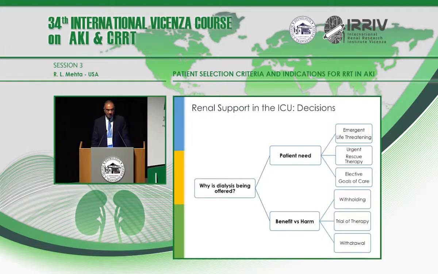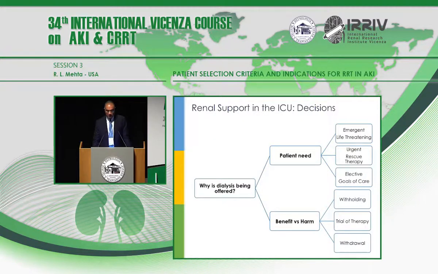What's the patient need, coupled with a consideration, will the patient benefit from what you're going to offer in terms of dialysis versus whatever harm there might be potentially from the therapy itself or from not offering dialysis. So both those elements are the basic hallmarks of the decision.